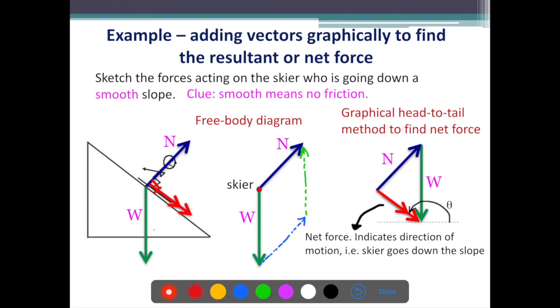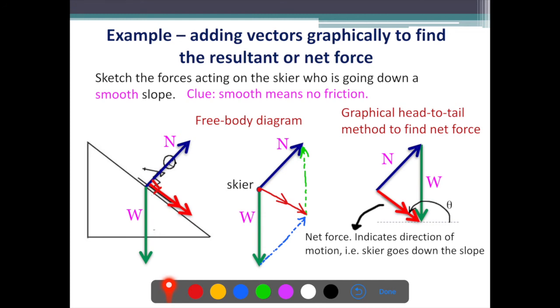Okay, and so we're forming this parallelogram. The resultant force will bisect the parallelogram like so. And notice how the resultant force is the same as what we obtained by doing the head to tail method, the same direction and magnitude, and it still means that the skier will go down the slope in this direction.